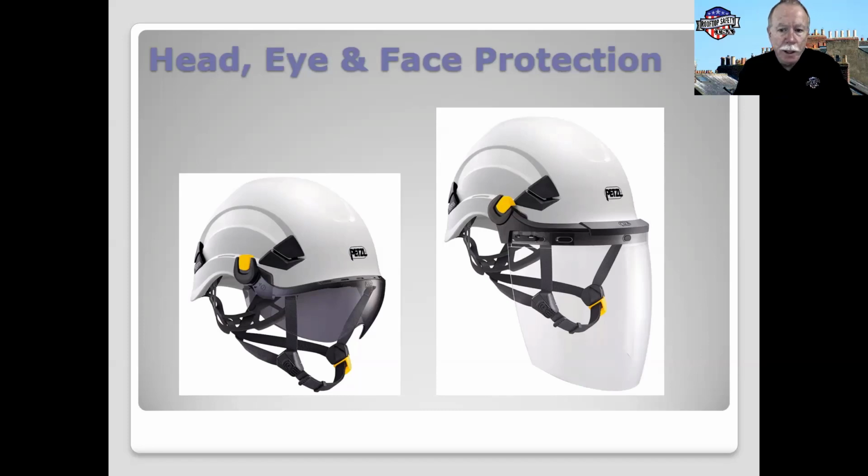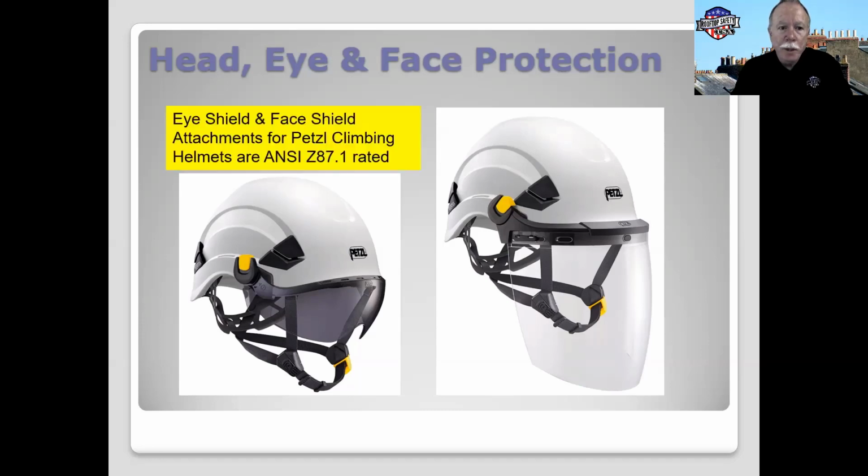In the picture, you have the shaded half visor, and then the full face visor on the right. These are approved as eye protection. They meet the ANSI Z87 standard. So a great way to accessorize and add additional protection.